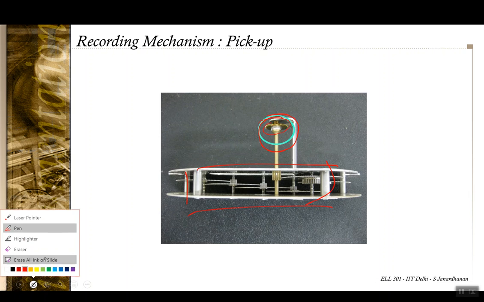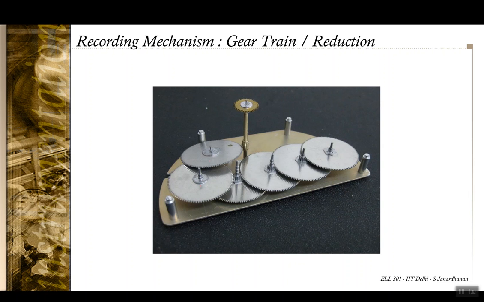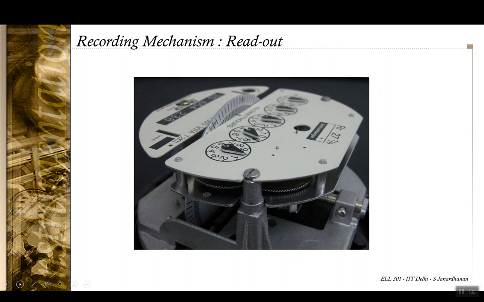There are multiple gears, and these gears would be connected to various dials in case of an analog meter, and these dials will indicate the exact energy reading, as an integrating instrument, and they form the readout.